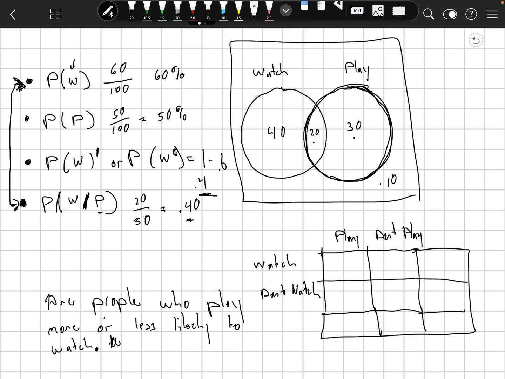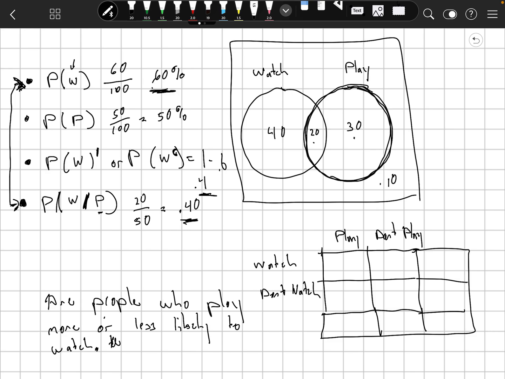I want you to think about that for a minute. Are people who play more likely or less likely to watch? Here we have 40%, and here we have 60%. So I would say they're a little less likely to watch based on this survey. And maybe it's because they're busy playing. Maybe that's why they don't watch basketball on TV, because they're busy playing it.